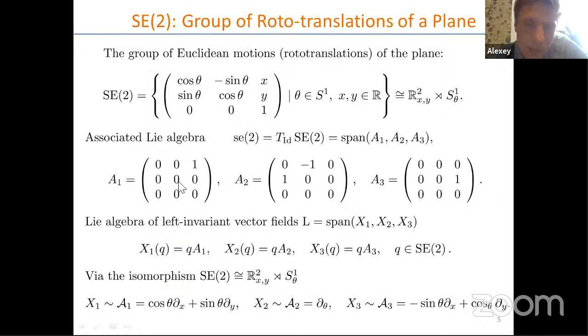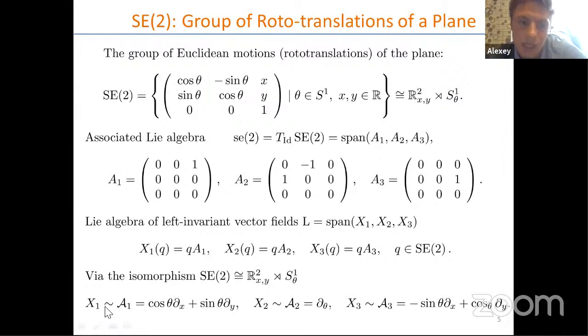To describe the dynamics of horizontal connectivity, one can introduce the left invariant vector fields, which are obtained by left multiplication of the basis vectors of the Lie algebra, which are presented here. In terms of differential operators, these basis left invariant vector fields are written in the following way.